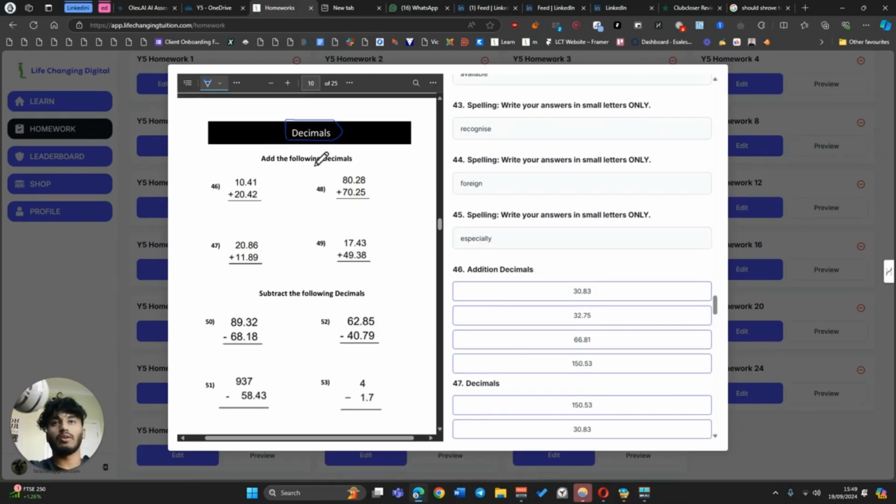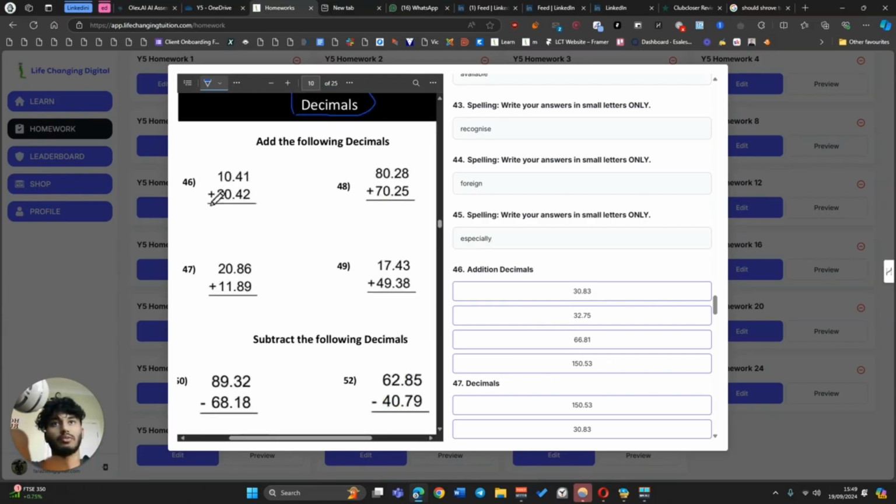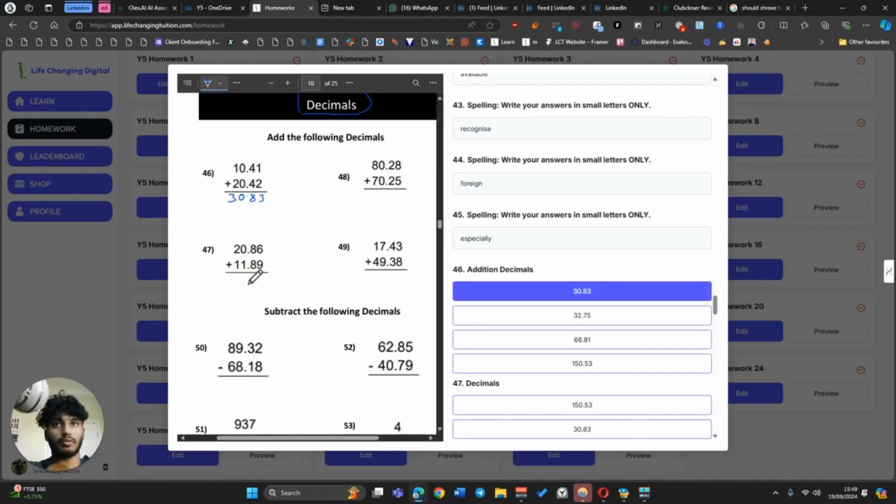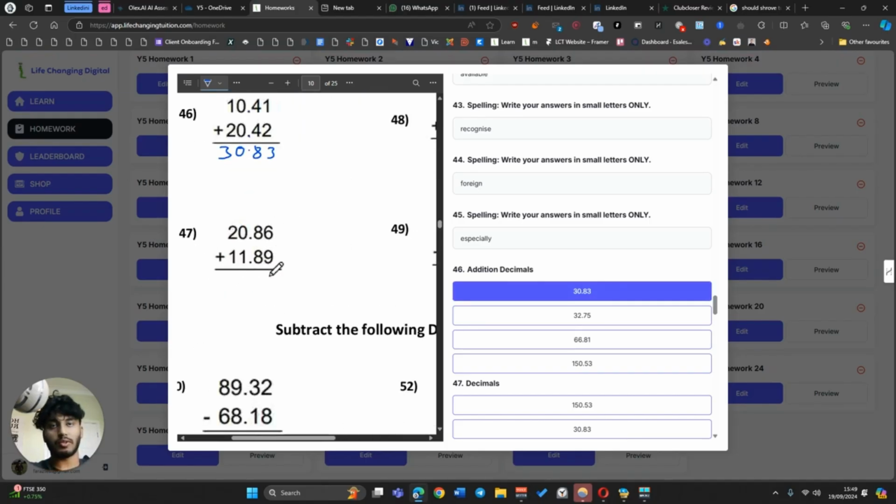Decimals. Okay. So add the following decimals. So adding decimals is very simple. You add normally, you just bring the decimal point down here. So if you do 2 plus 1, we've got 3. We've got 8 here. 0 and 3, so that's our answer. Question 47 here. We've got 6 plus 9, that gives us 15. 8 plus 8 is 16.